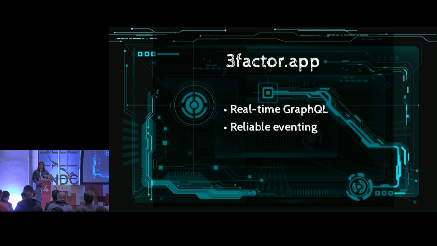Another factor in the 3-factor app architecture is reliable eventing. Reliable eventing means that whenever we update something in our database, we want some kind of event to be triggered to run our business logic. Which brings me to the 3rd point, async serverless.